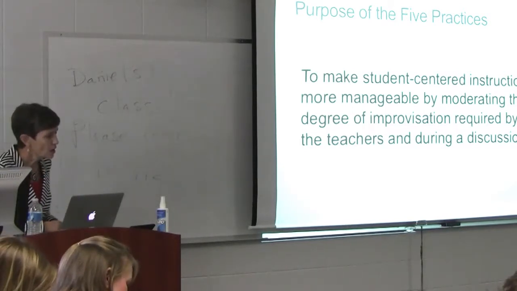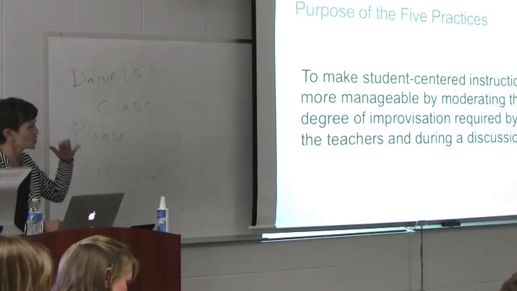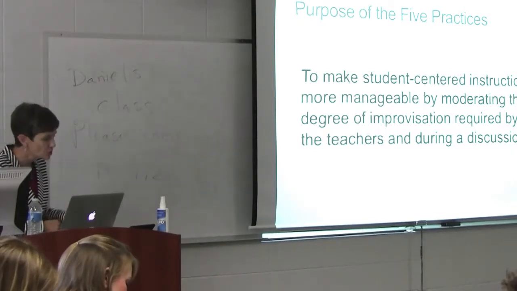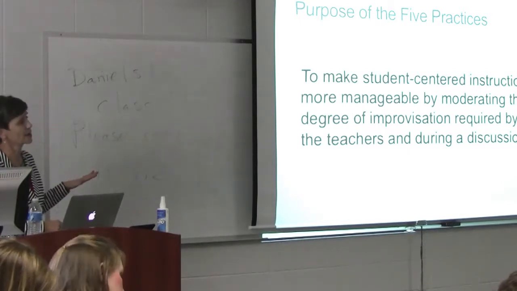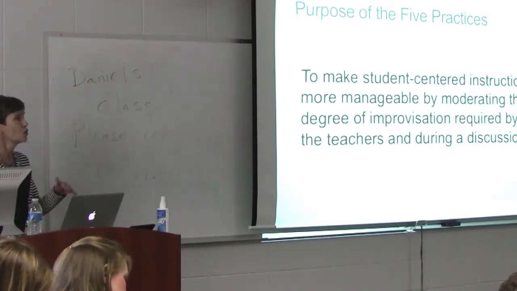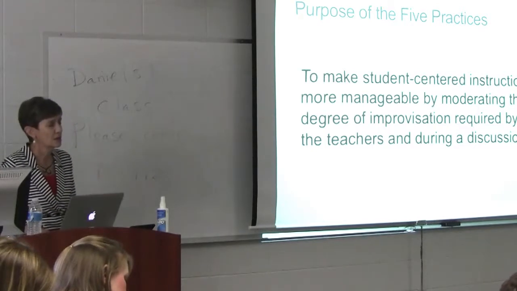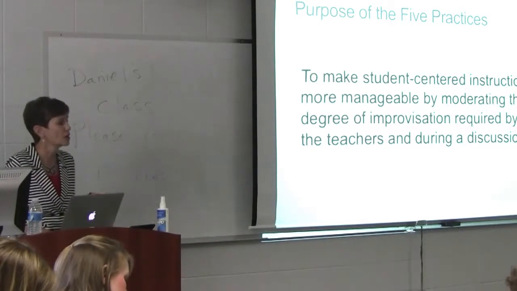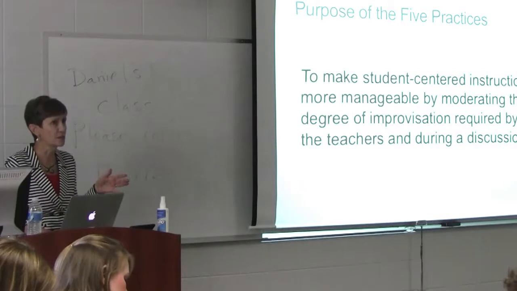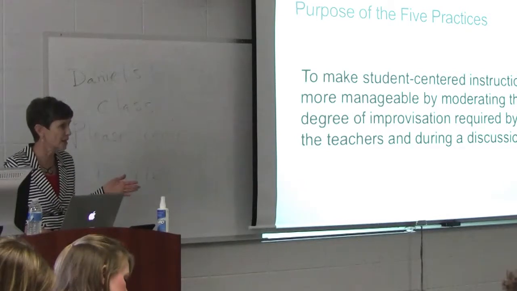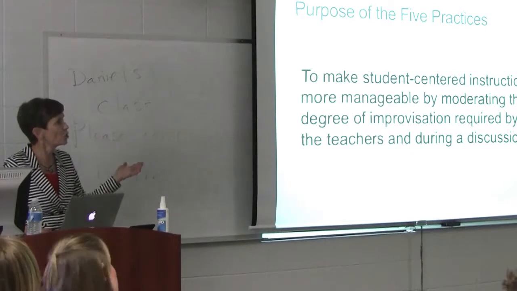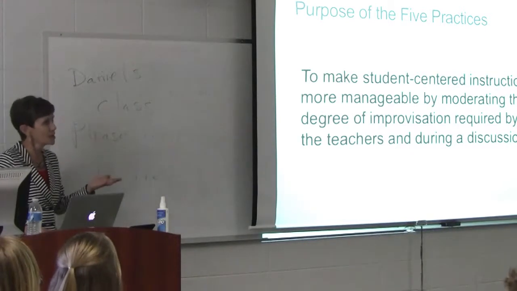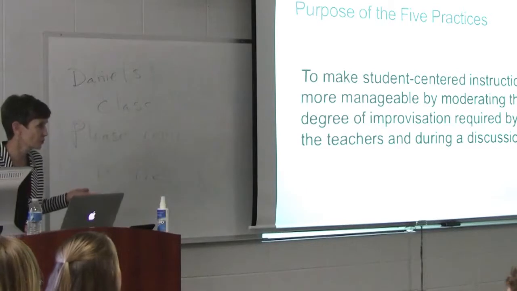Just to be clear about where this all comes from, a question somebody asked earlier reminded me of it. This work on the 5 practices, which is more recent, really builds on more than 20 years of work where my colleagues and I have been thinking about cognitively demanding tasks, what happens to them in the wild, and what are the reasons why tasks don't always work out the way they're intended.